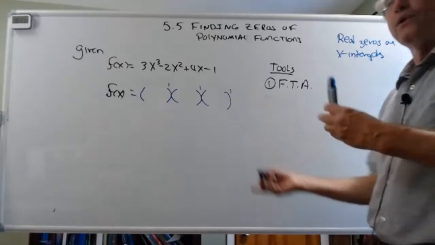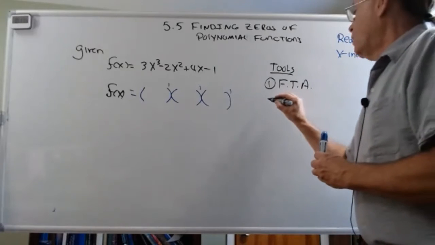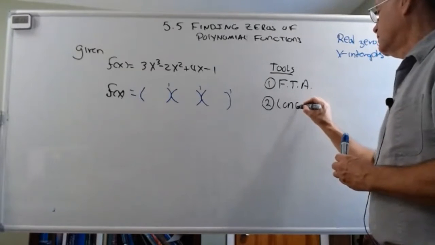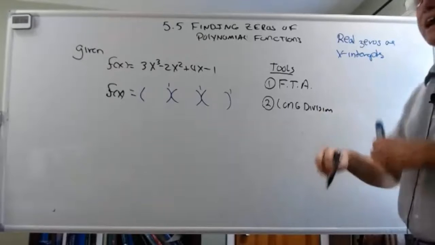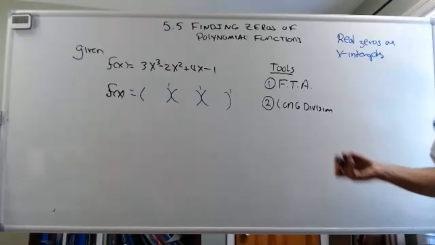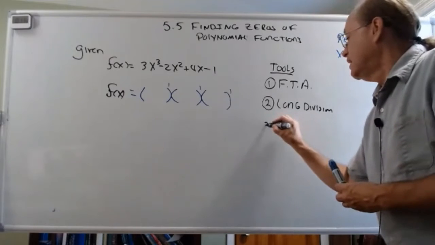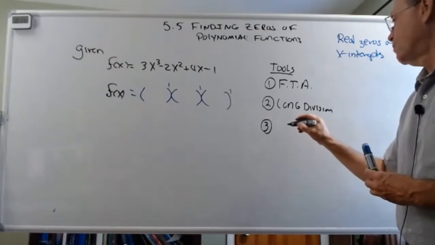If one was a radical, I know I have the radical conjugate. So we have that tool to use. We also have the long division tool. We're going to employ that to divide things out and get us back to a manageable thing, which is the other tool we have, and that is essentially your quadratic formula.